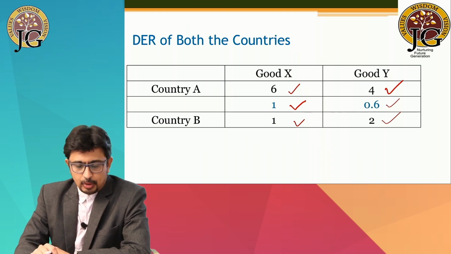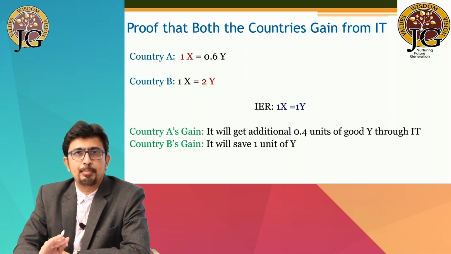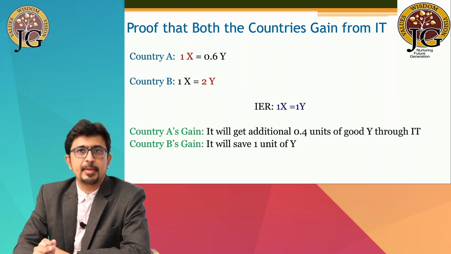Now with these domestic exchange rates in mind, we are trying to prove that both the countries will gain from international trade if they trade in the manner suggested by the theory.